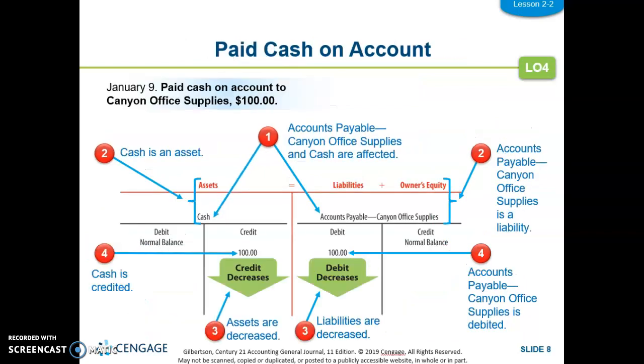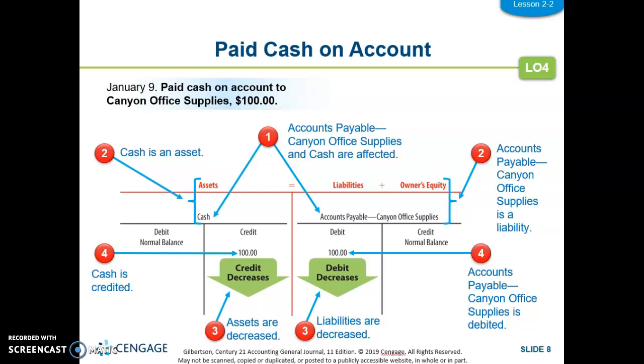Now, this is what it looks like when we pay cash on account. On January 9th, we paid cash on account to Canyon Office Supplies for $100. The two accounts affected by this are cash and accounts payable Canyon Office Supplies. Accounts payable Canyon Office Supplies is a liability. Cash is an asset.